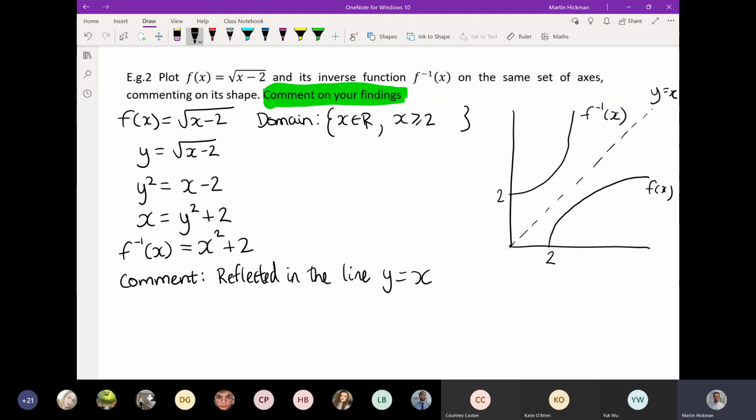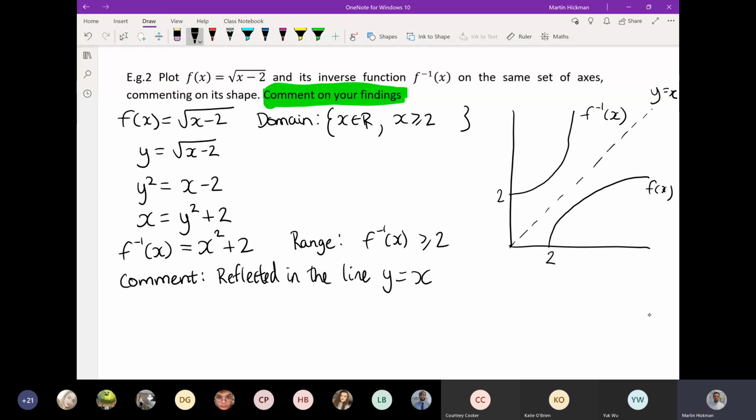Now, there's also something else that we might notice. If we look at the range of f to the minus 1, what we should notice is that f to the minus 1 of x is greater than or equal to 2. If I look at where my graph starts here, it's just greater than or equal to 2.